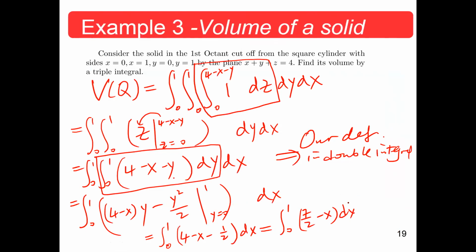That's going to be 7 over 2 x minus x squared over 2, where x runs from 0 to 1. It's easy to see when x equals 0, it's 0. When x equals 1, I have 7 over 2 minus 1/2, therefore it's 6 over 2, which is 3. So the volume will just be 3.